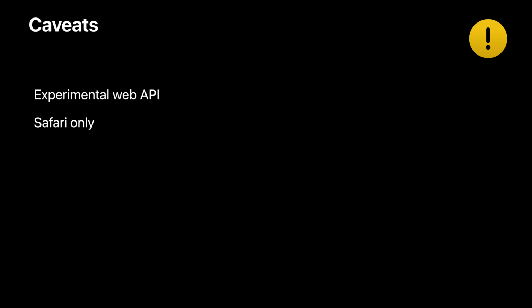This API is currently only implemented in Safari, though the Group Activities framework, which Safari uses to implement the coordinator, can, and we hope will, be adopted by other Mac browsers. And the final caveat is that while your users can join an existing session in Safari, a group session currently must be initiated from an iPhone, iPad, or macOS application.